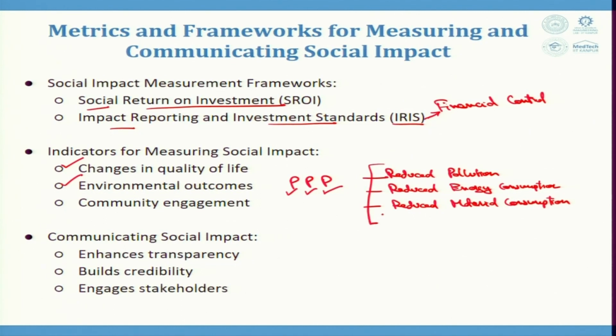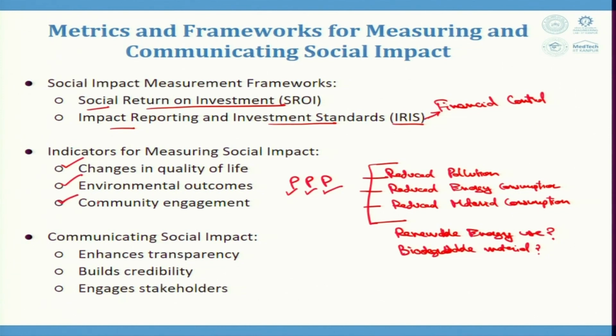These 3, energy, pollution and material, are the major factors of it. If not these, what is the extent of the renewable energy that we are using? Then what is the extent of the biodegradable material that we are using? These are all questions which come into the environmental outcomes viewpoint.